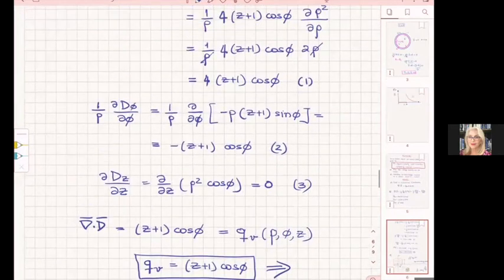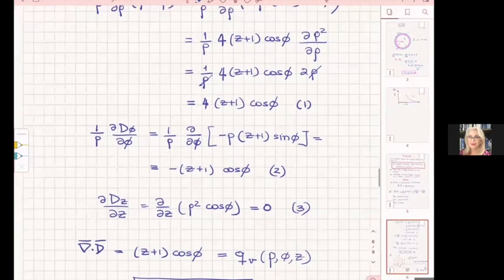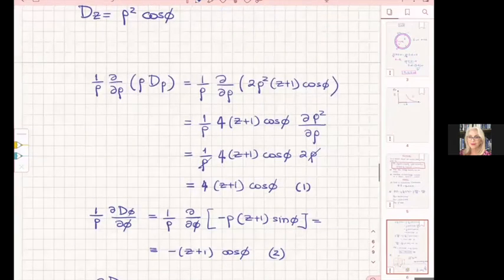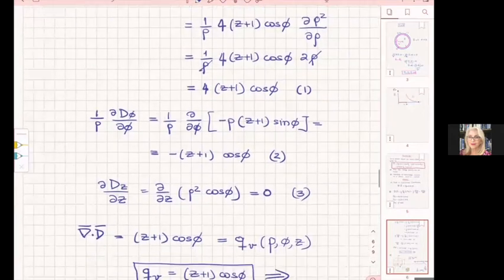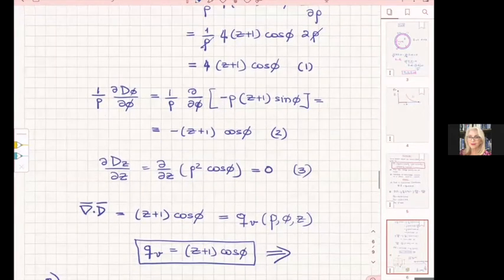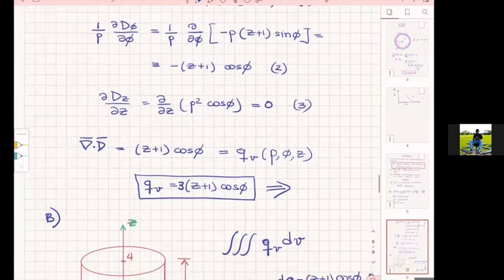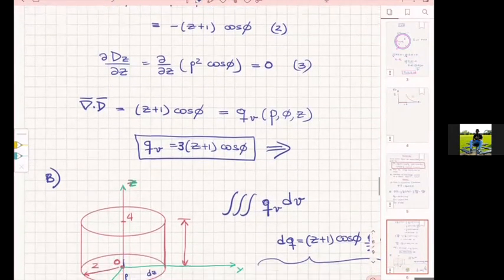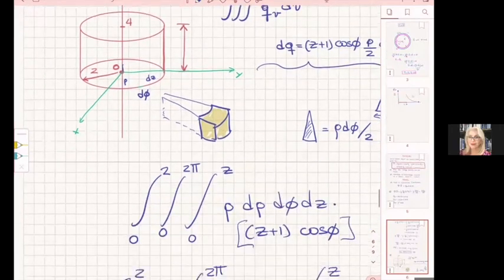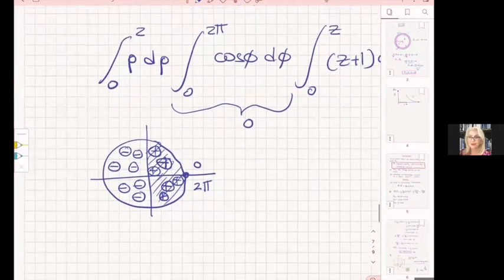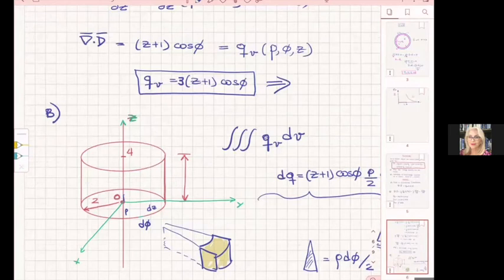So then we have 4 from that. Mine, so it's 3 practically. There should be a 3 there, isn't it? Yeah, thank you. Okay, and then the rest is 0. Thank you, yes, you are correct.